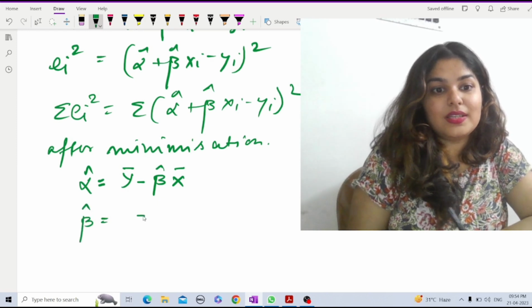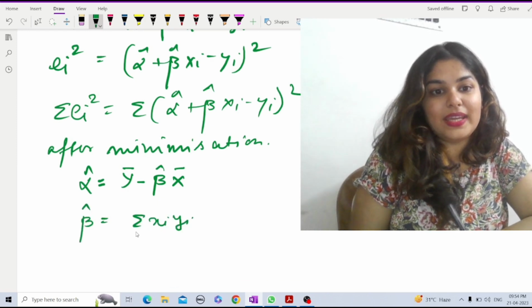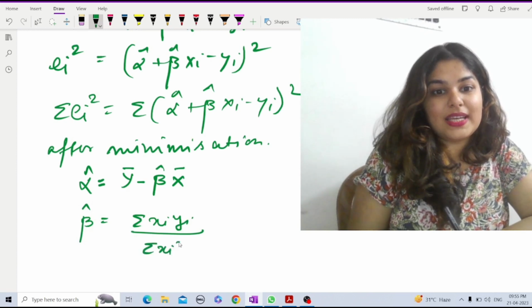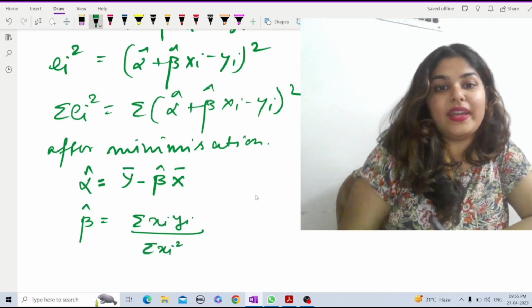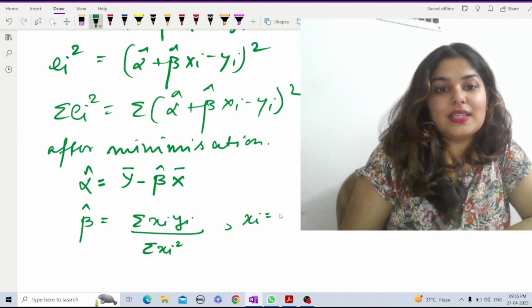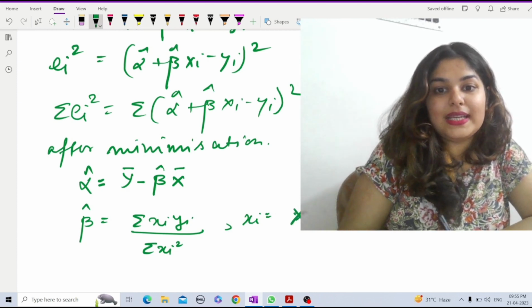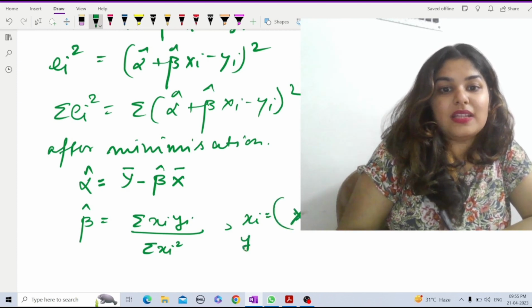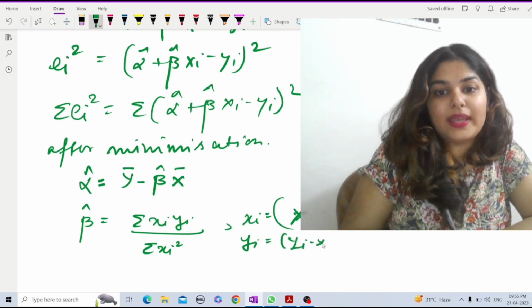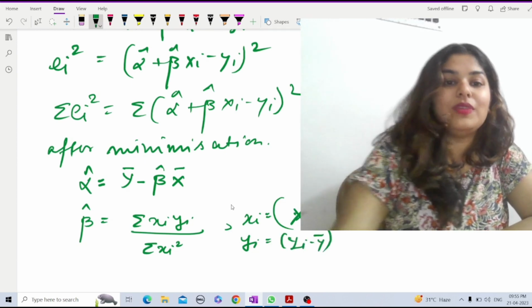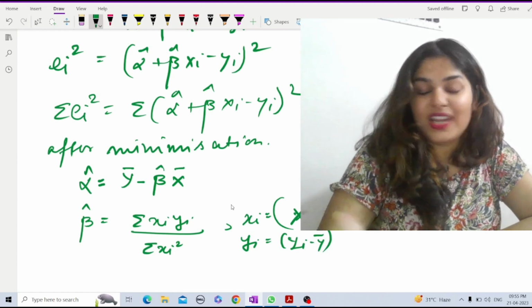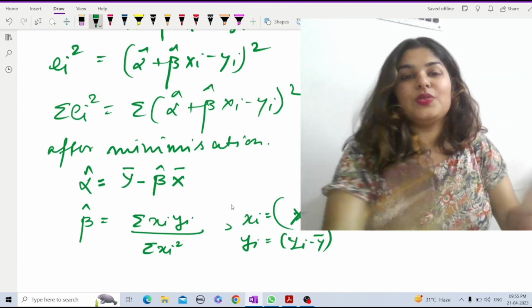So beta hat, what is it? It is summation xi yi by summation xi square. These are all small xi yi, where small xi is equal to capital Xi minus x bar, and small yi is equal to capital Yi minus capital Y bar. Now let us calculate the values using the formula we get from the OLS method.